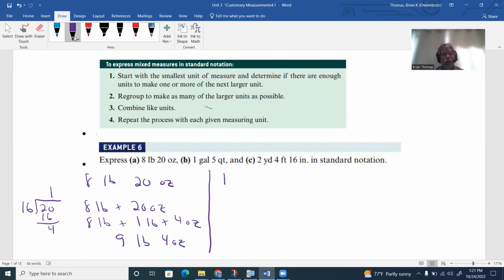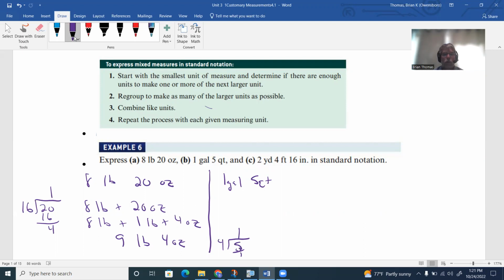So if I have 1 gallon and 5 quarts, what I'm trying to do is pull out a larger unit out of the smaller unit. So the 5 quarts is what we pay attention to. Well, how many quarts are in a gallon? Well, remember there were 4 Q's in a G. That means there's 4 quarts per gallon. So I got to divide the 4 into the 5. Well, 4 goes into 5 one time, and we get a remainder of 1.